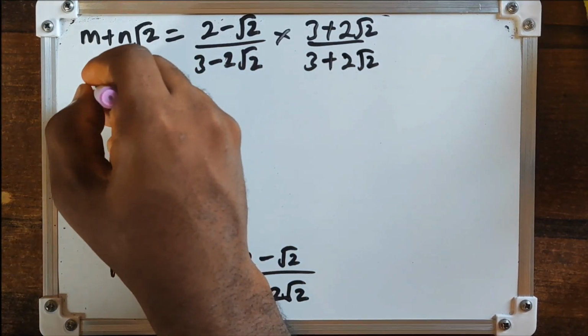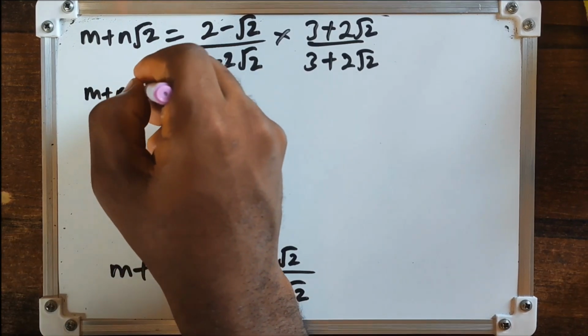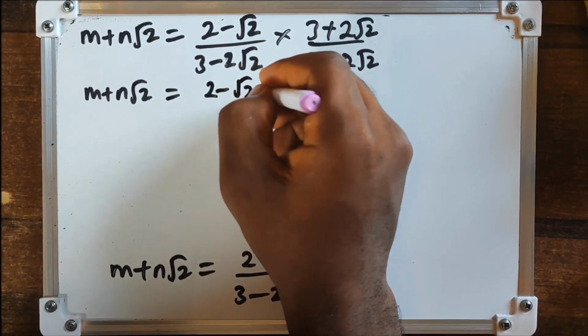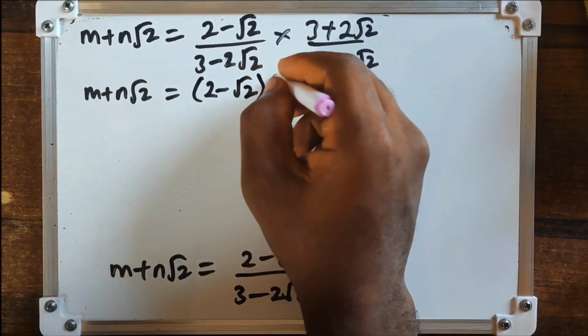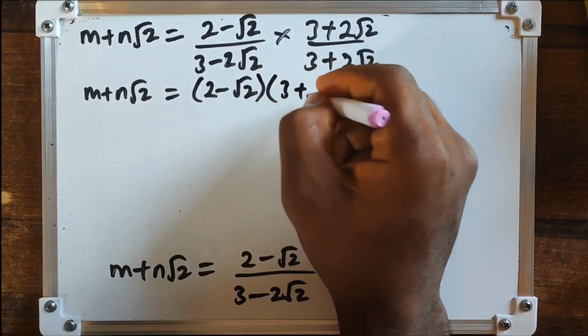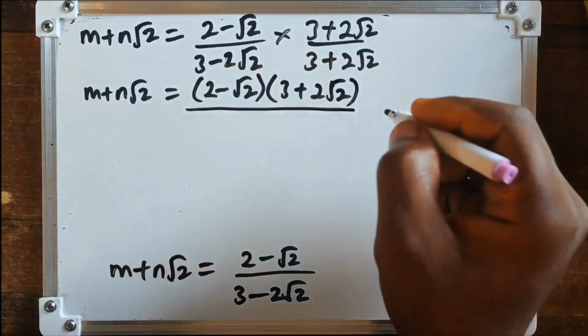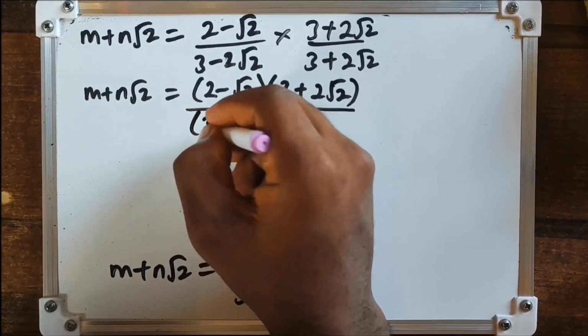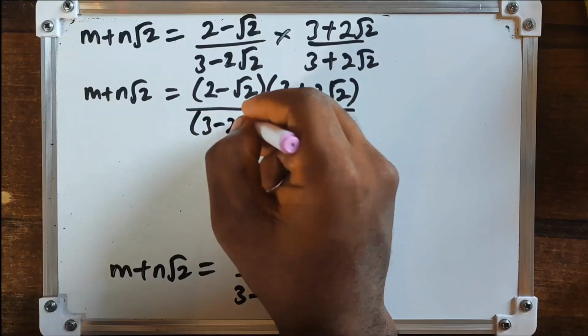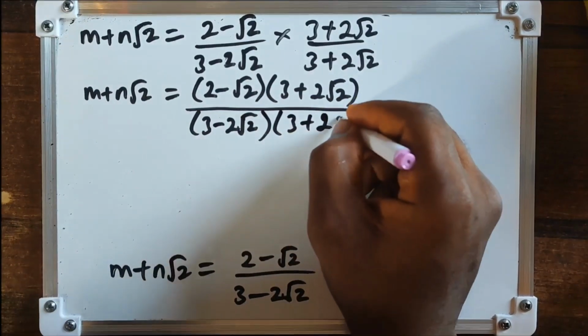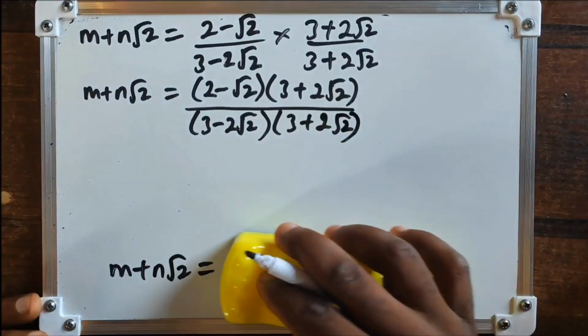And so this is m plus n root 2 equal to 2 minus root 2 into 3 plus 2 root 2 all over 3 minus 2 root 2 into 3 plus 2 root 2.